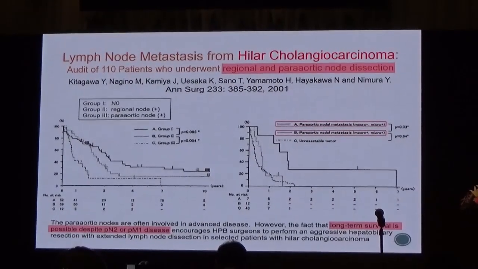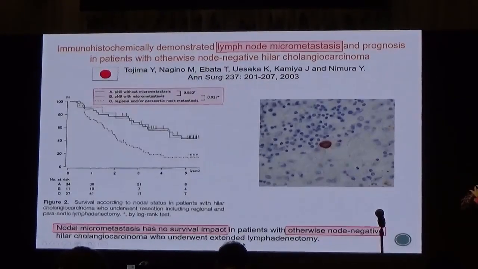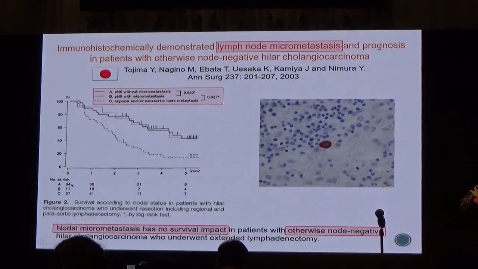This is our first experience. Next, we investigated the significance of micrometastases. Here you see PN0. Group A is PN0 without micrometastases. Group B is PN0 with micrometastases.